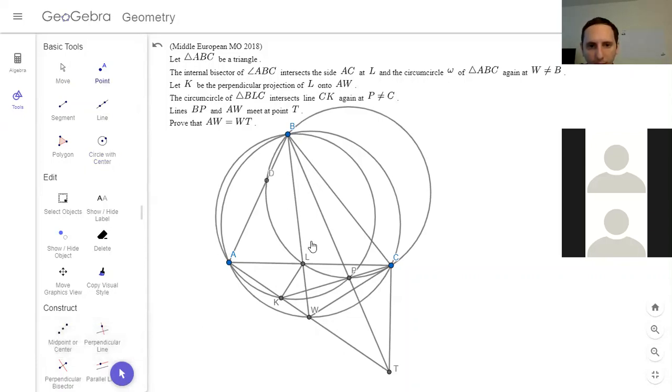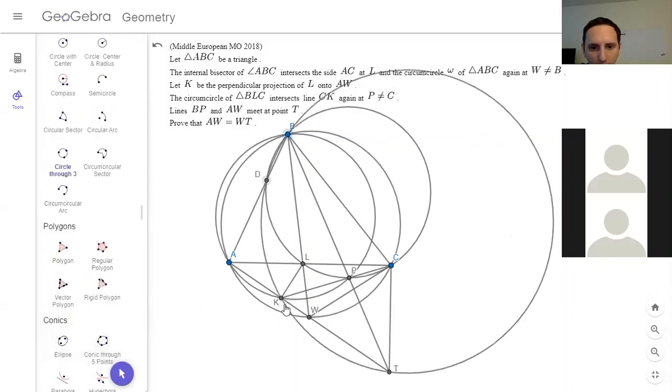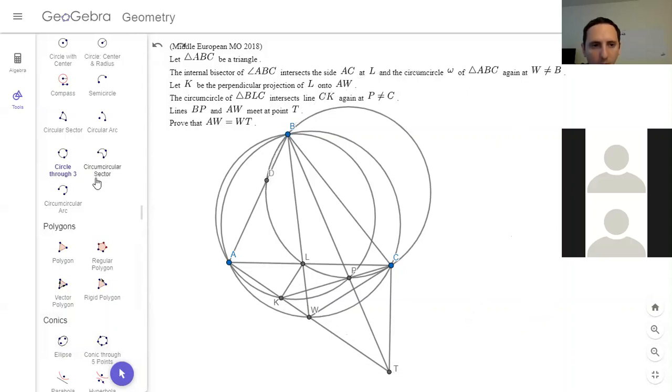So we want to show that BDKT is cyclic. I don't know if that helps. That might help. Yeah, we want to show BDKT is cyclic. That's the same as showing angle DBP is angle DKA.